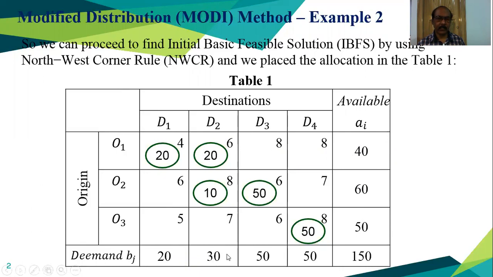Since the demand is 10 and the availability is 0, we move downwards in the same column. Now how much can we allocate here? 10 is there and 60 is there, so we can allocate 10. Since the demand is exhausted and the availability left is 50, we have to move in the same row in the rightward direction.